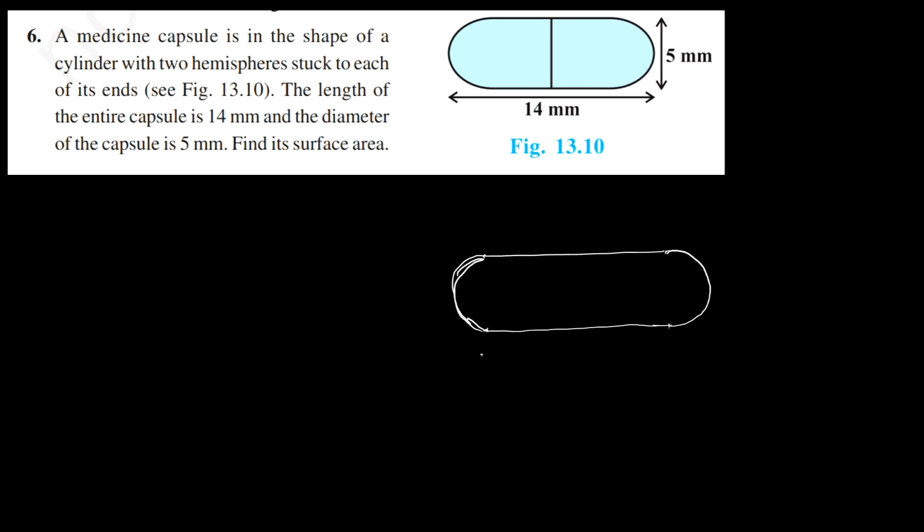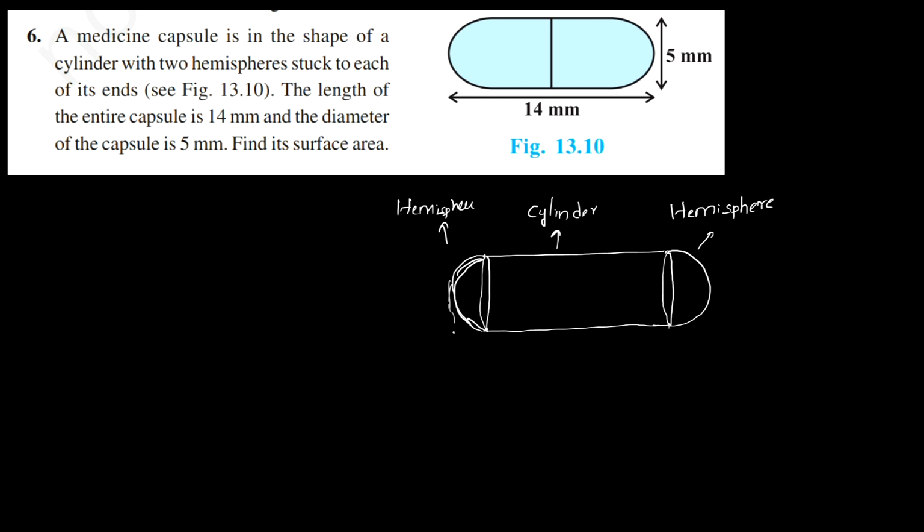Okay, now since this is a hemispherical, I'll draw like this so that you can identify which shapes are there. Now this is a cylinder and this is a hemisphere, and even this is also hemisphere. Hemisphere, cylinder and hemisphere, and the total length of this capsule is 14 mm.